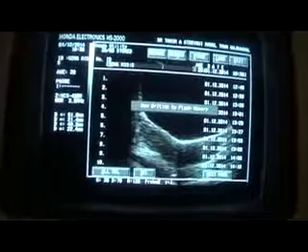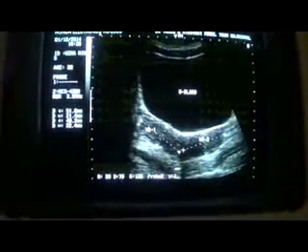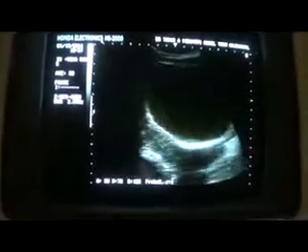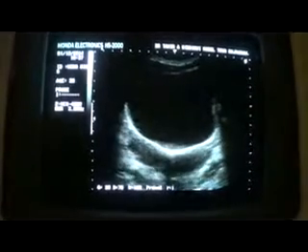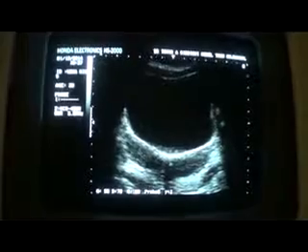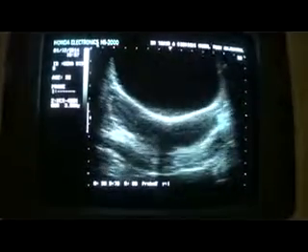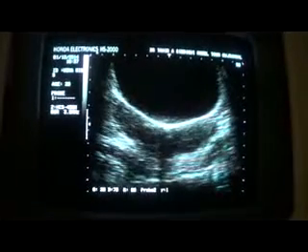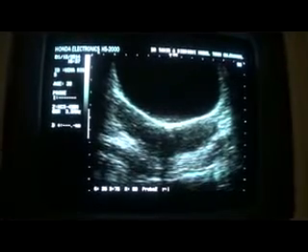What we have to rule out is whether we are studying a case of septate uterus with 2 separate uterine bodies and endometrial canal. In this view you will see the uterus.